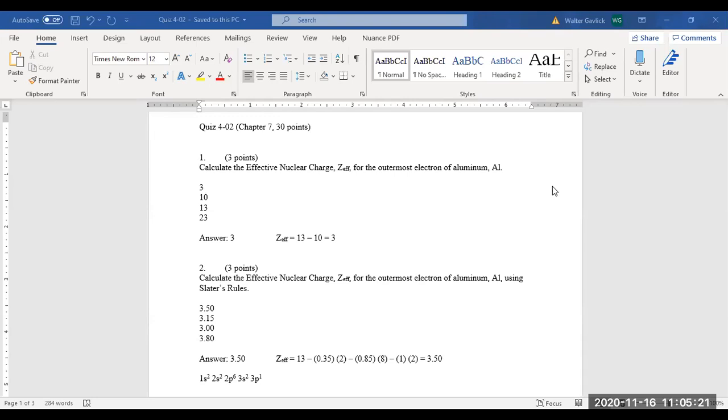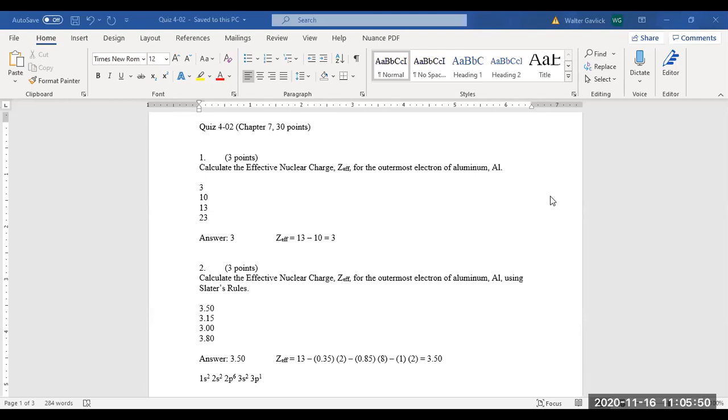Then you subtract the number of core electrons. Remember, we get the number of core electrons by going back to the nearest noble gas configuration. In this case, that's 10 for neon. So those are the core electrons. So 13 minus 10 is 3.